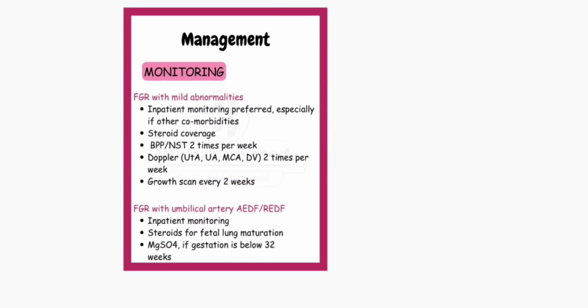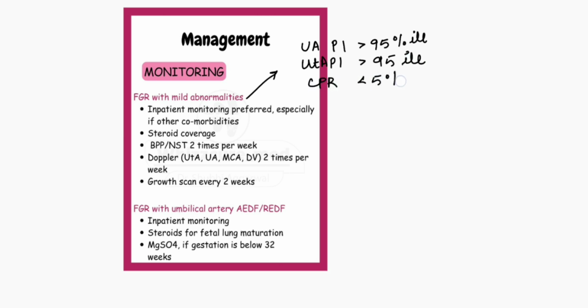Now, if there is FGR with mild abnormalities, and now what do you mean by mild abnormalities? Umbilical artery pulsatility index more than 95 percentile. Then we have uterine artery pulsatility index more than 95 percentile. Then we have cerebroplacental ratio less than 5th percentile.